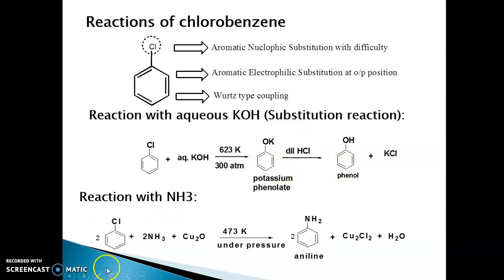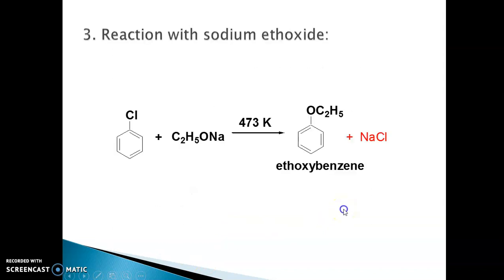Reaction with ammonia: chlorobenzene on reaction with ammonia in presence of cuprous oxide at 473 Kelvin under pressure gives the corresponding aniline. And the third one is the reaction of chlorobenzene with sodium ethoxide at about 473 Kelvin, which gives the corresponding ether compound, that is ethoxybenzene. Thus there are total three preparation methods and three chemical properties of chlorobenzene in our syllabus.